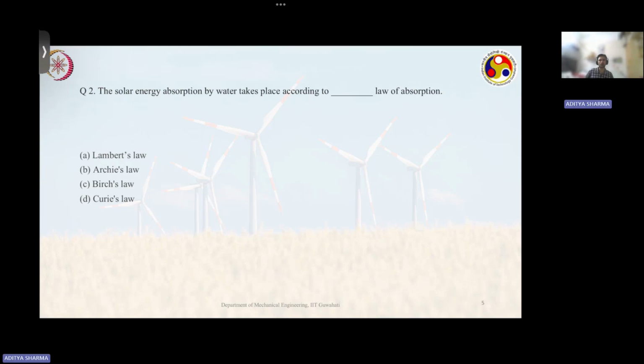Next question is the solar energy absorption by water takes place according to dash law of absorption. Four options are given.